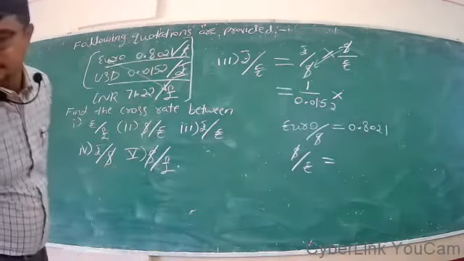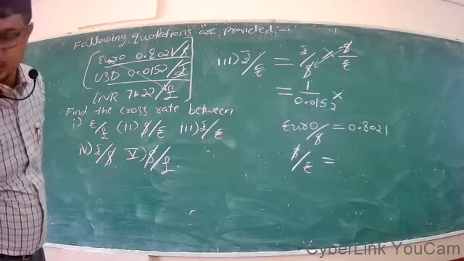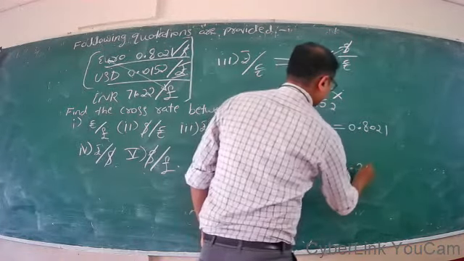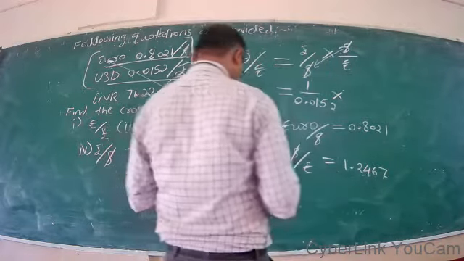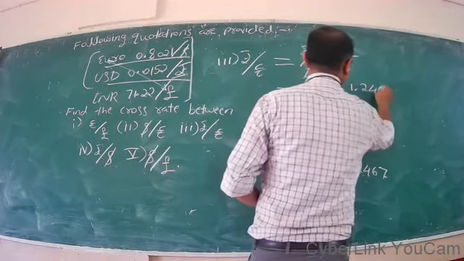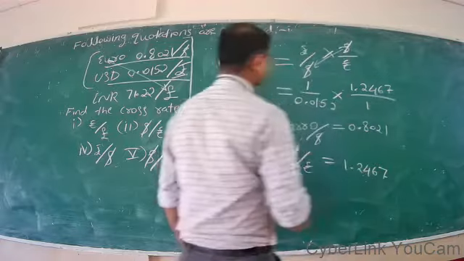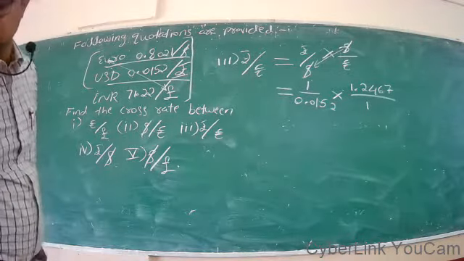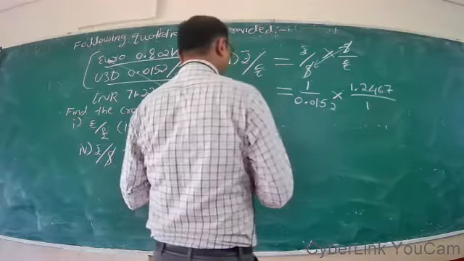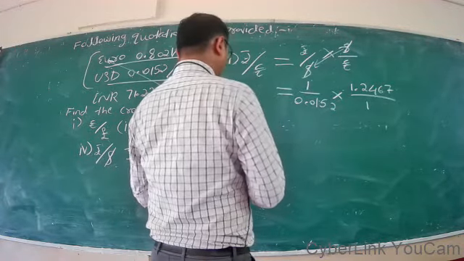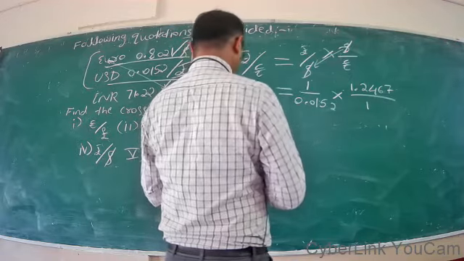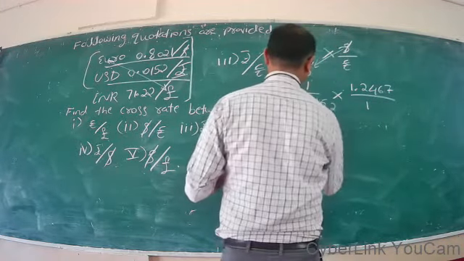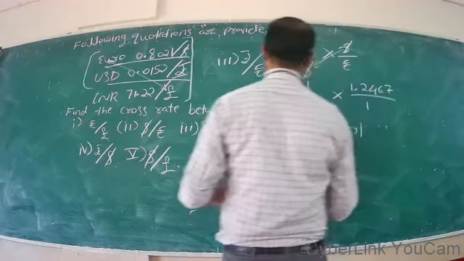So 1 divided by 0.8021 becomes 1.2467. So the answer will be 1 divided by 0.0152 multiplied by 1.2467, which equals 82.01.